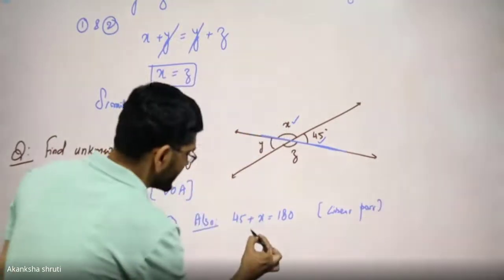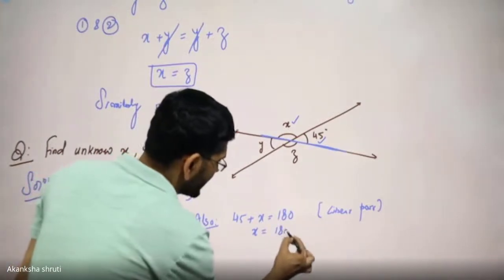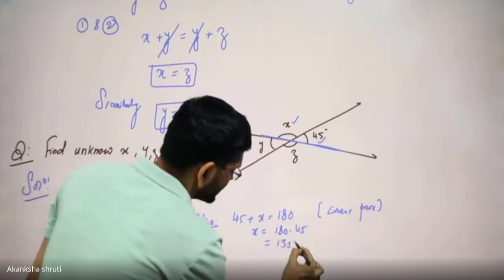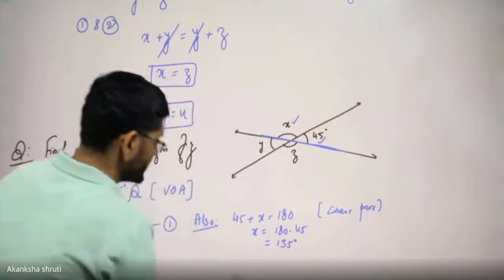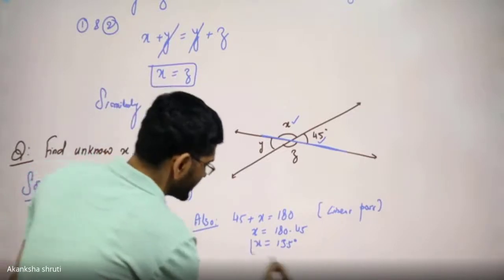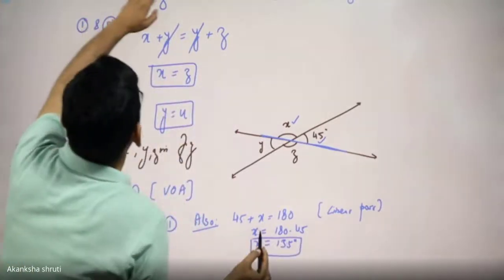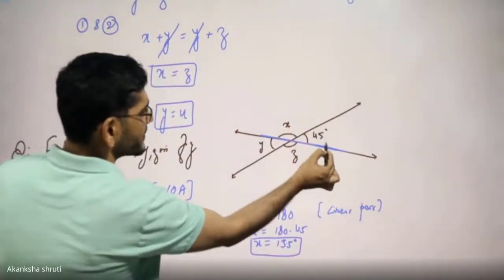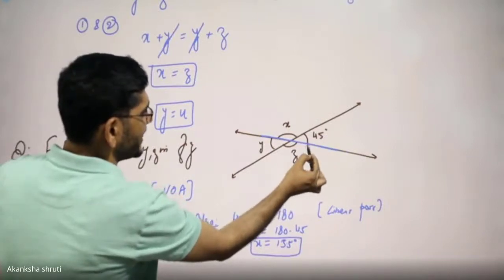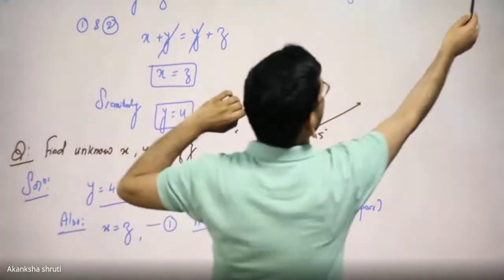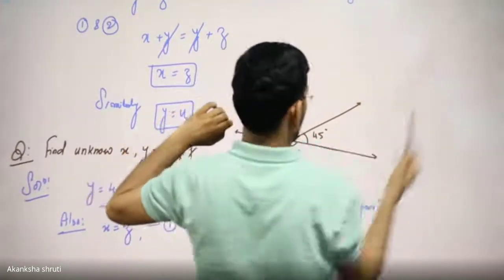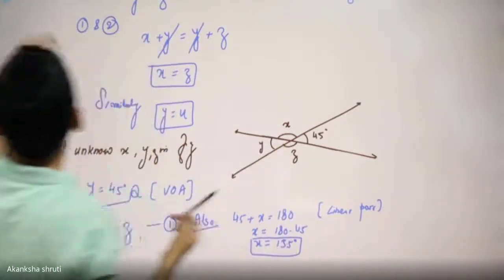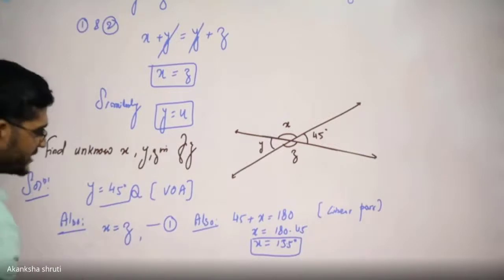Considering this, X can be determined as 180 minus 45, which is 135 degrees. This way X is determined as 135 degrees. Students, after determining this X, the Z can be determined very easily, or just by watching we can observe that this Z is the same as X, or use this equation.